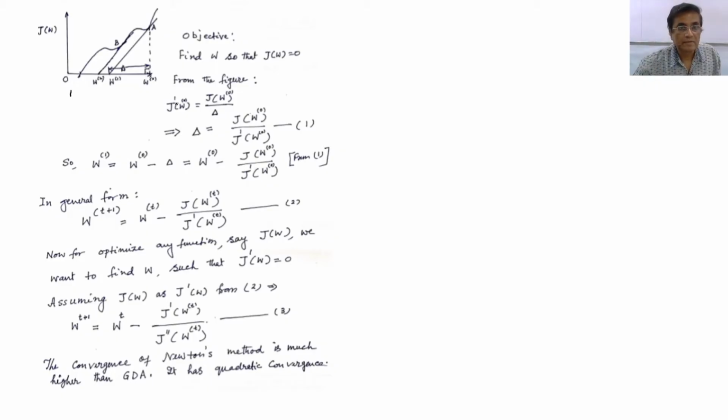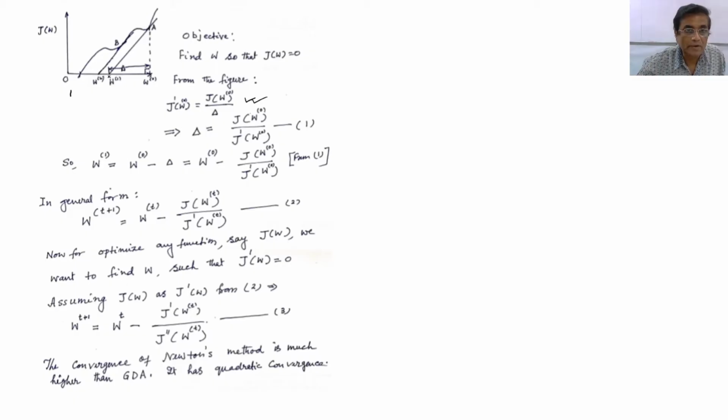And by definition, the derivative of this function J'(W0) equals the tangent at this point, so this divided by this. This you already know. From here, delta equals the functional value at W0 divided by the derivative of that function at W0. So now we can write iteratively, we need to run iteration, so we can write.